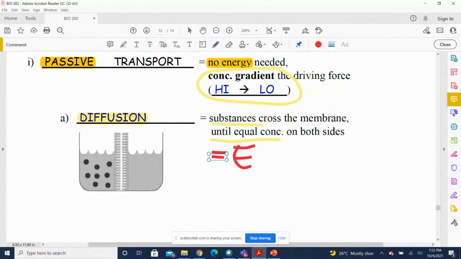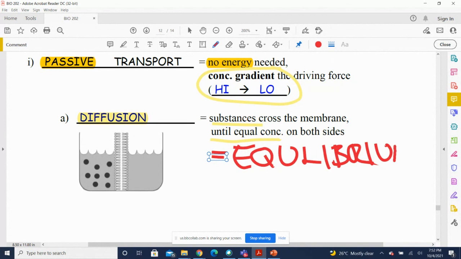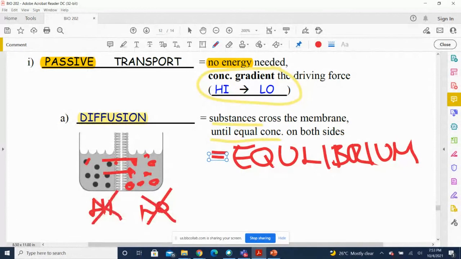The term that we use for that is going to be the equilibrium. So we're moving half of the material across until we get the same amount of material on both sides. So there's no longer a high and low side. They are equal on both sides, the substances that have been crossing.